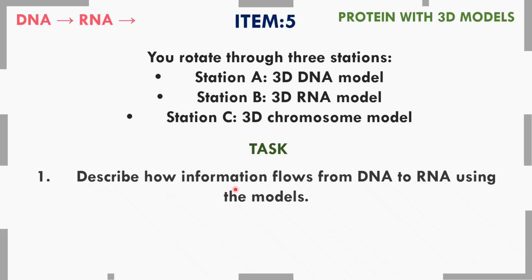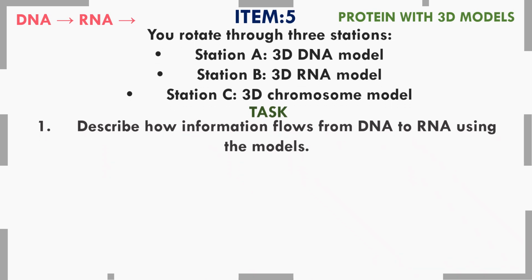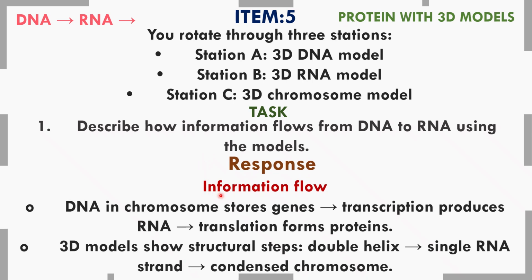Describe how information flows from DNA to RNA using the models. Information flow: DNA in the chromosome stores genes.